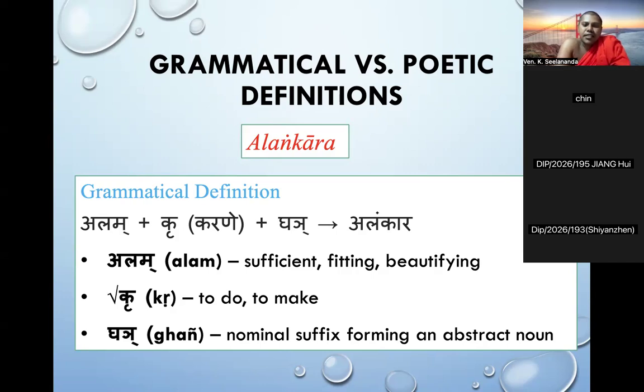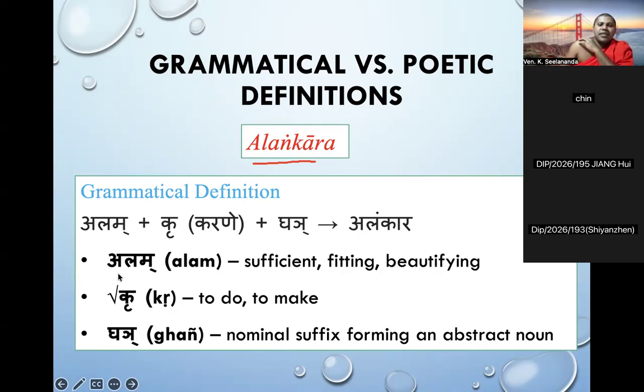So the word alankara we can understand through the grammatical definition. We can divide it into parts: alam, kru, gan. Alam means sufficient, fitting, beautify.